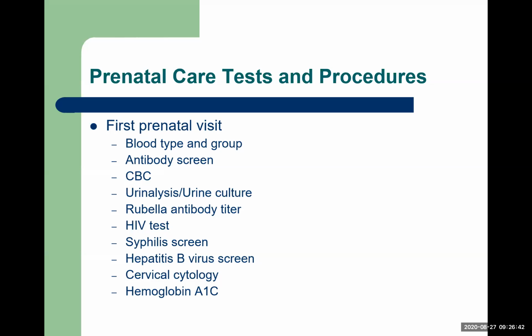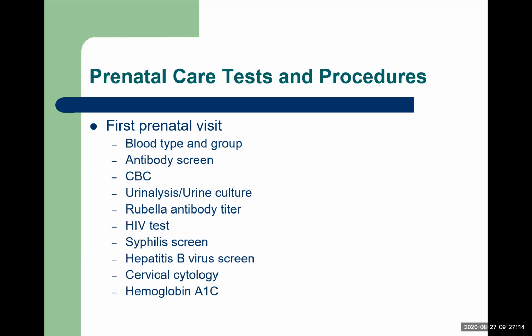If a patient is found to be positive for syphilis, the treatment is penicillin, and it's very important to institute this treatment during the pregnancy. And if the patient is penicillin allergic, she needs to be admitted to the hospital for desensitization and treatment with penicillin.